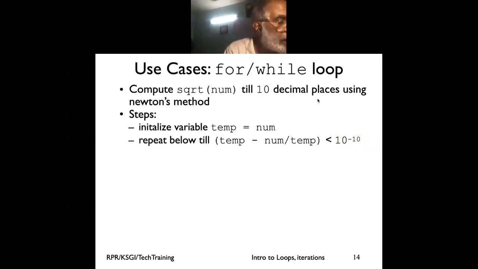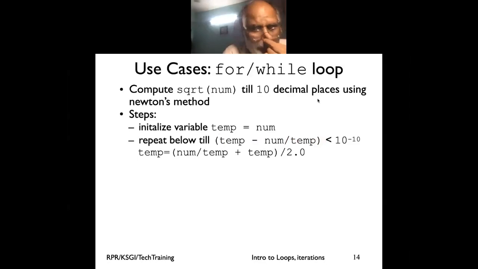If this difference is less than that, I stop. Otherwise, I continue and update the temp value to num upon temp plus temp, divided by 2.0. And this is what will keep repeating.